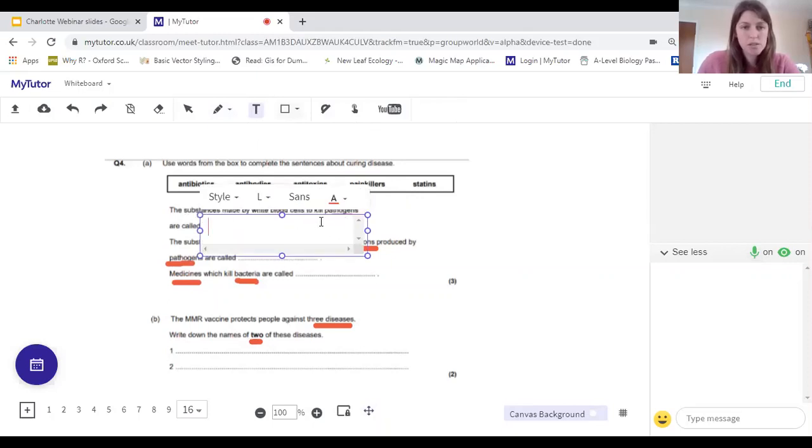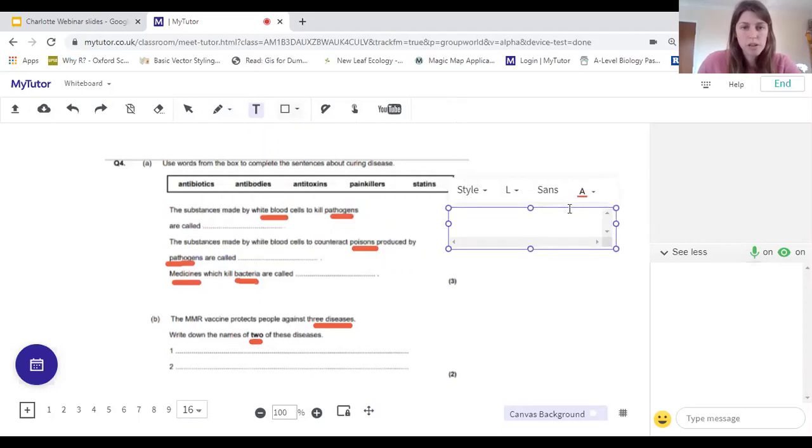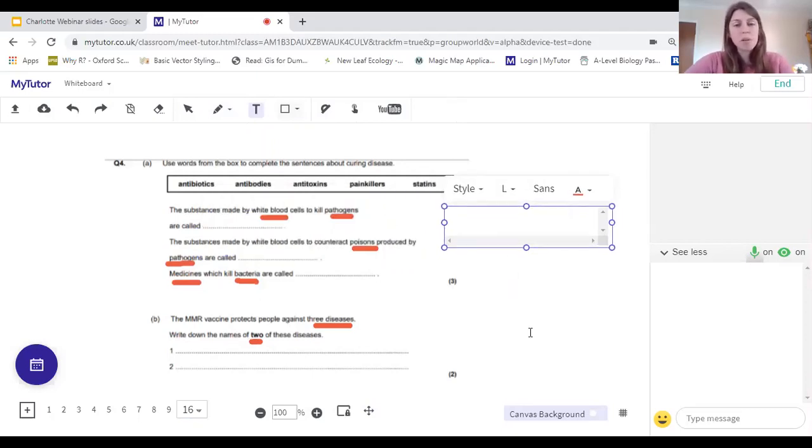We'll put them over here. Substances made by white blood cells to kill pathogens are called antibodies. And then the next one, right after here. Substances made by white blood cells to counteract poisons produced by pathogens are called antitoxins.